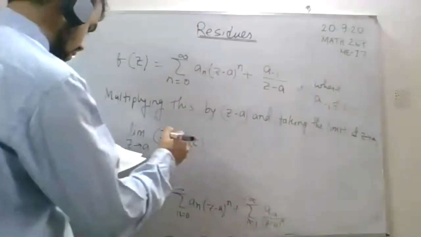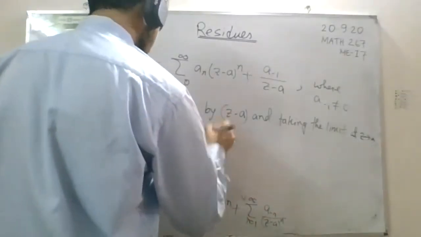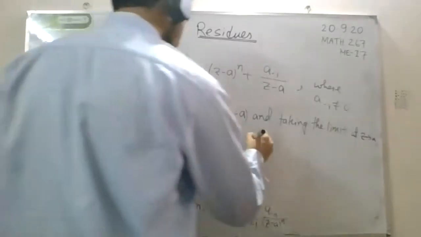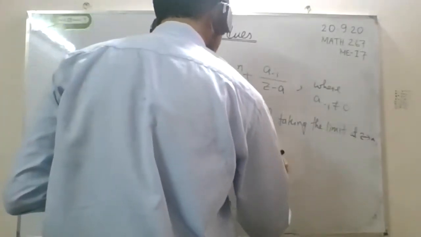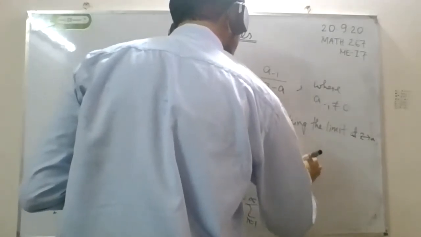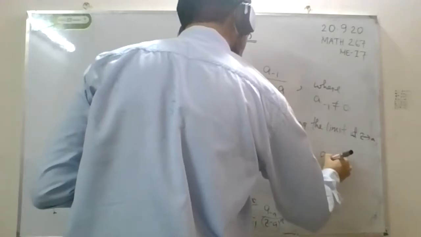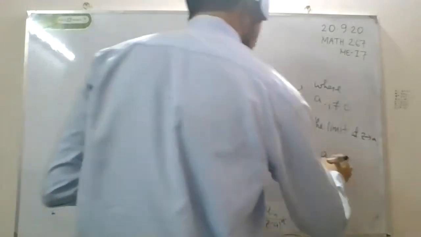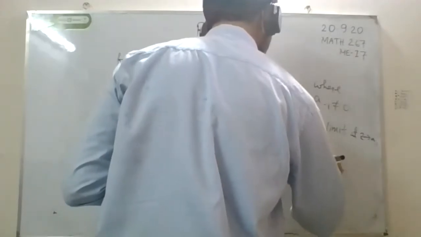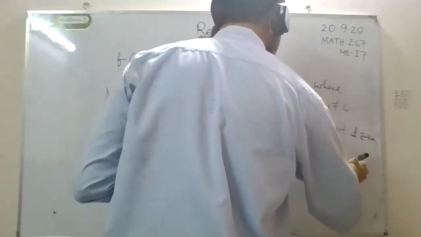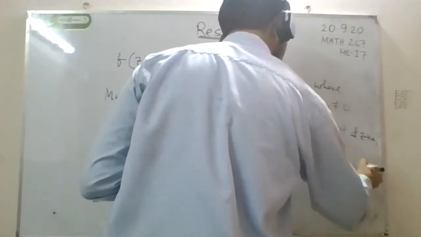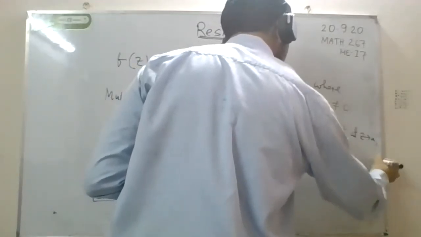Okay, so here you can say limit z tends to a also (z minus a) multiply 1 also (z minus a) into (z minus a). Okay.